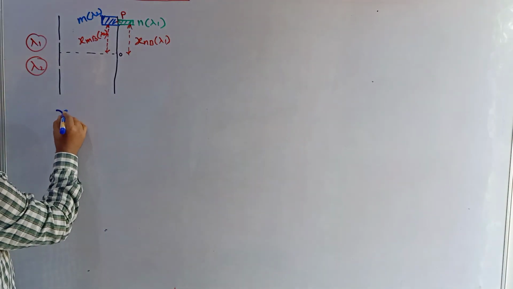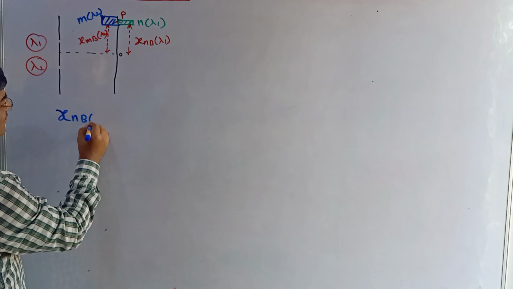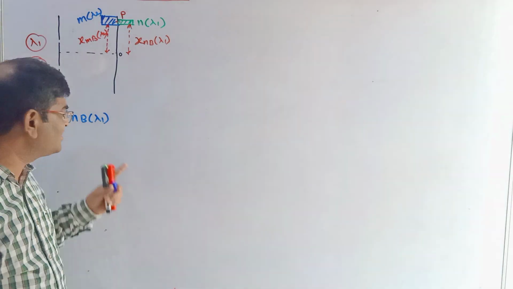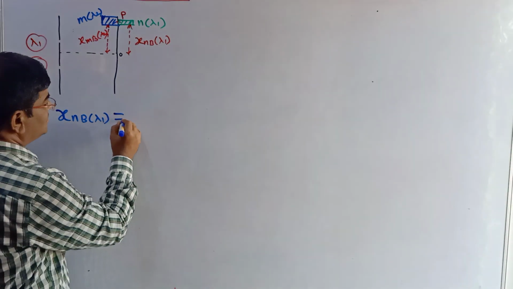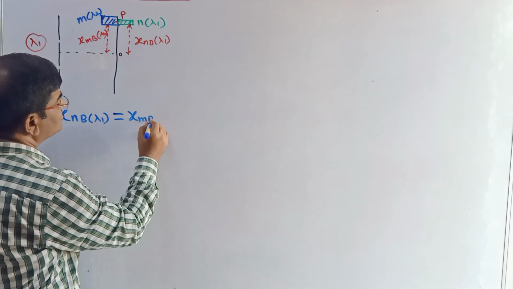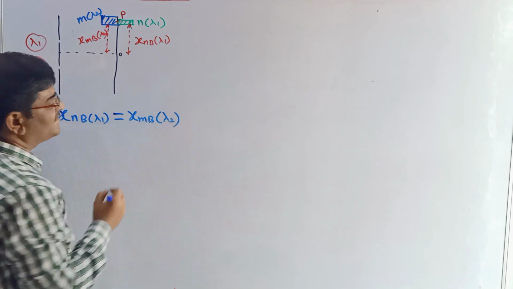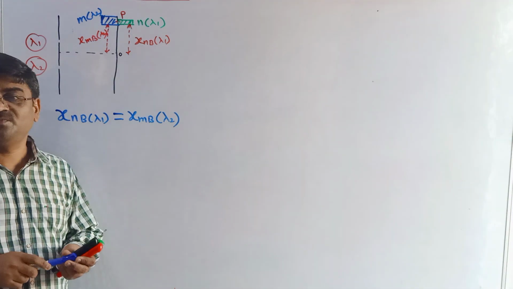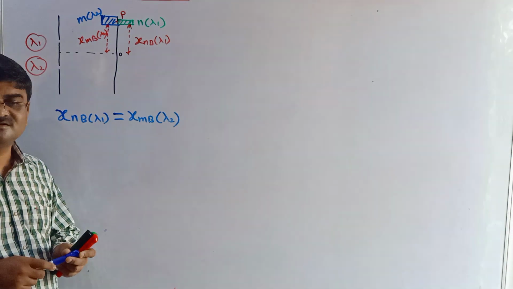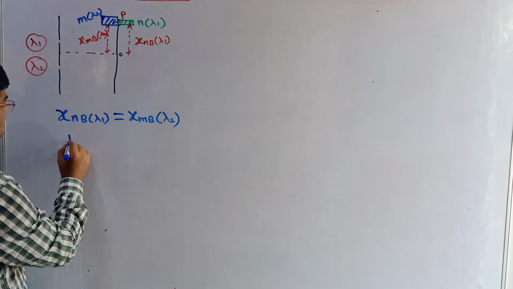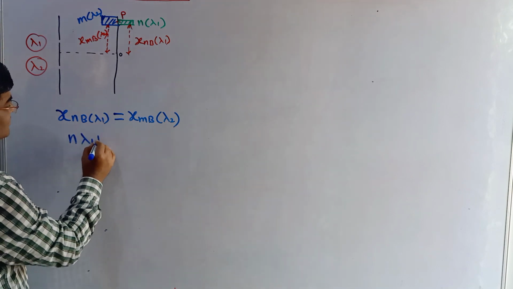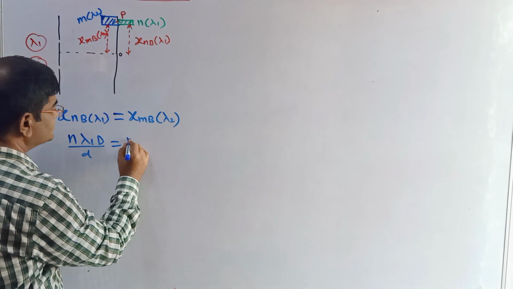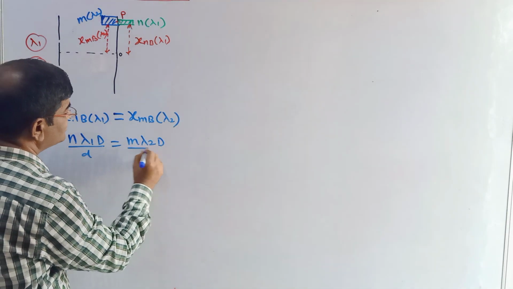That's what I write here. So X_nB of lambda 1, this is just to discriminate which wavelength I am writing, equal to X_mB of lambda 2. And you know how to get the position of any bright band in the pattern. This I will get as n lambda 1 D by d. This I will get as m lambda 2 D by d.